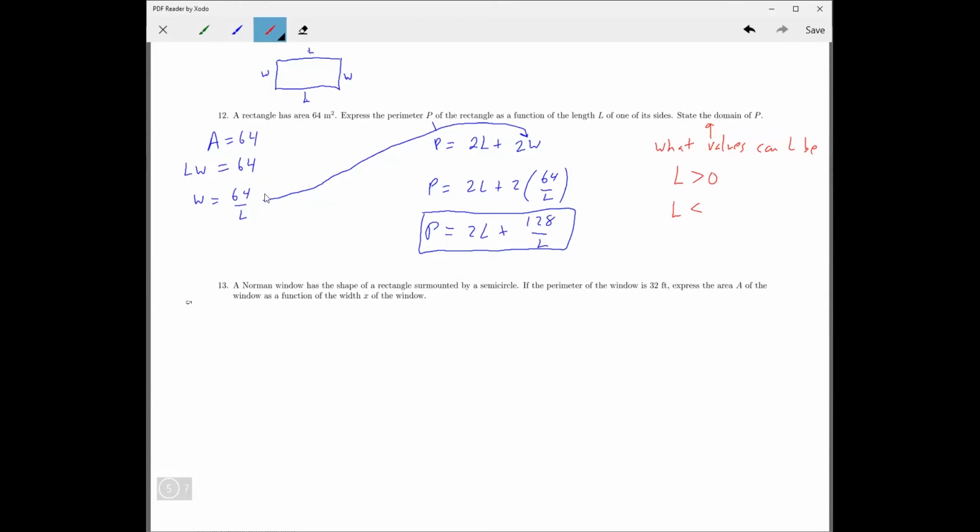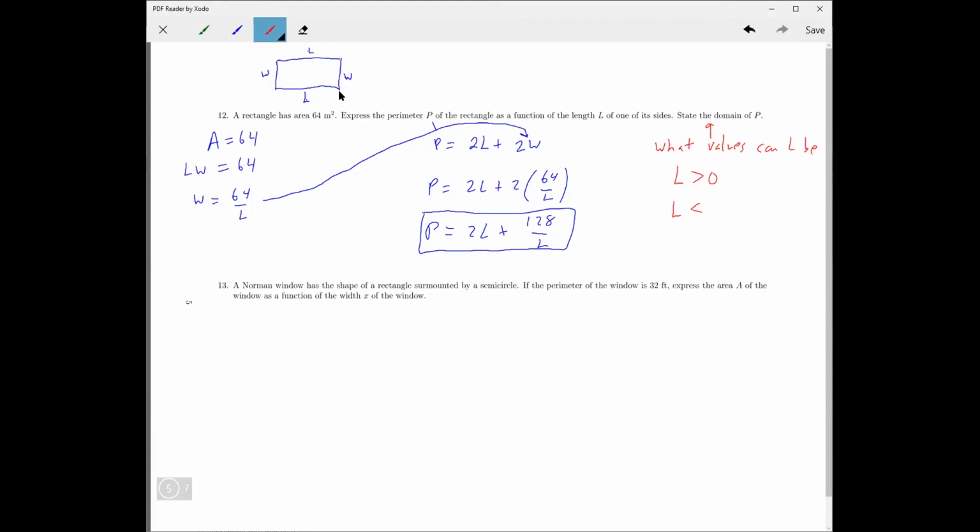I guess so. I was thinking about that. My initial thought was that there had to be some limiting value, but now I don't think so. I think it could be really large, because W can just be really teeny tiny.